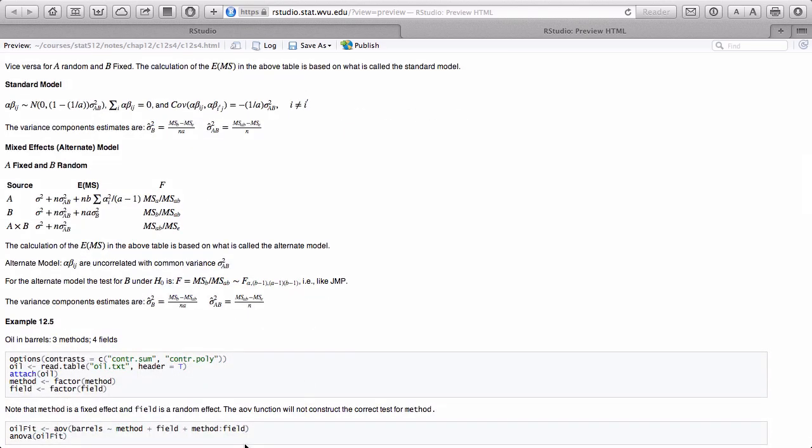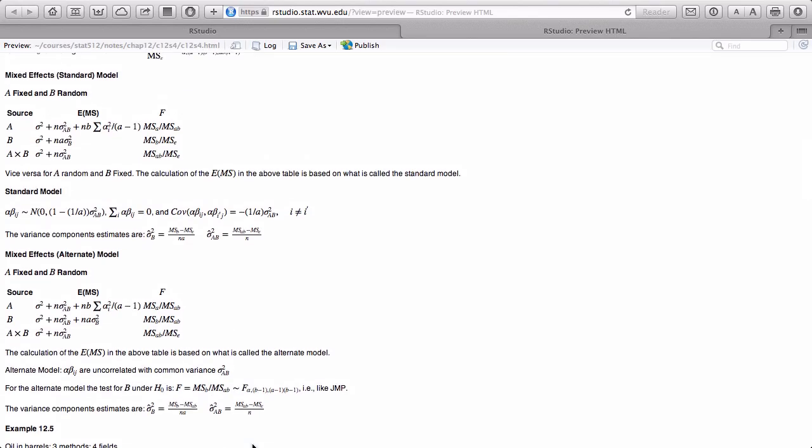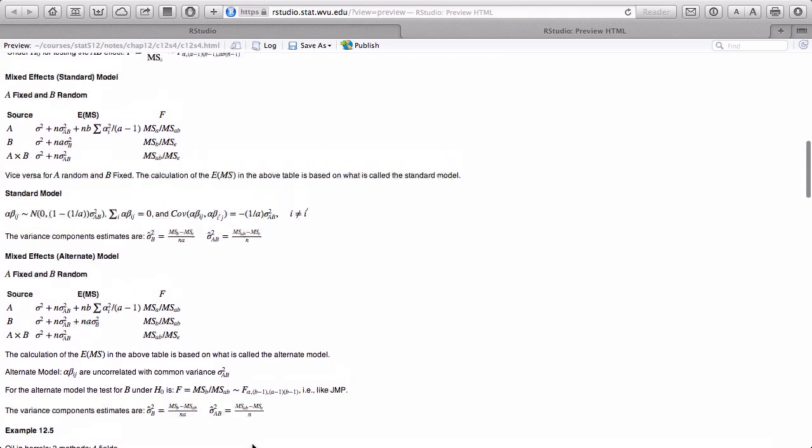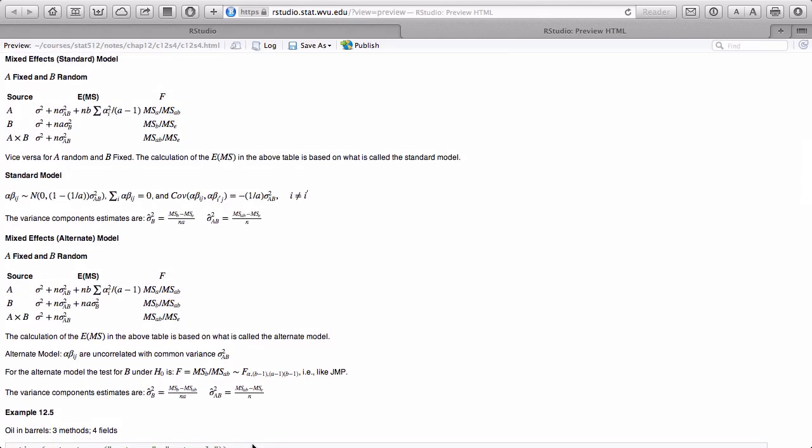So we need to be careful when we look at this, and we need to be aware of what we're doing. Most people are not. They just run JMP and that's it. That's my interpretation, not realizing that there's a somewhat different way of doing it.